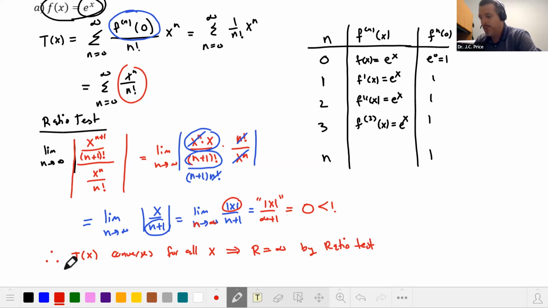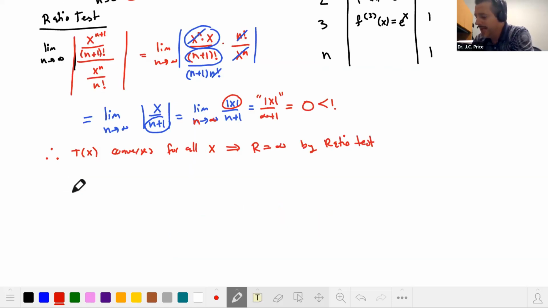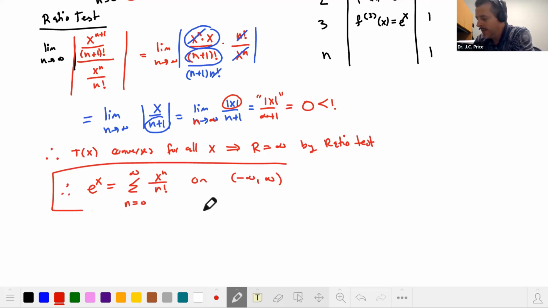And so therefore, what can we say? I can say e to the x is equal to that sum n equals 0 to infinity of x to the n over n factorial on negative infinity to infinity. And so that's my final little statement there.